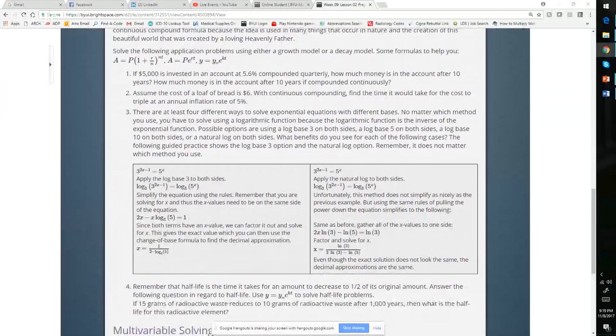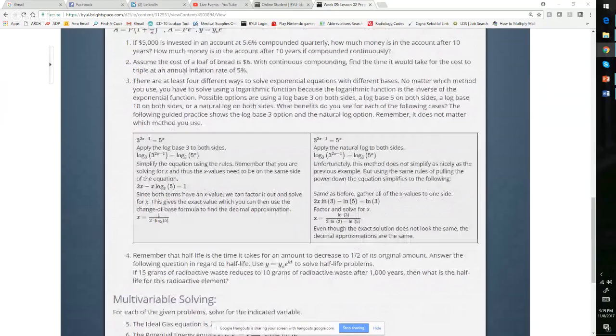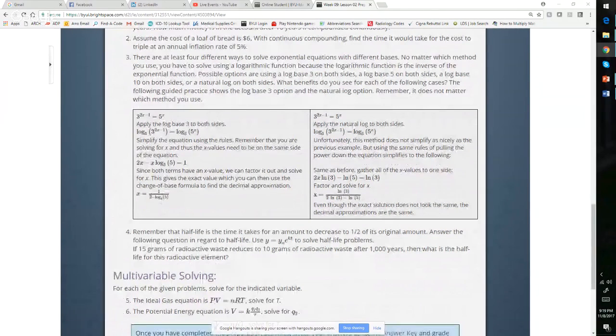I got through at least question 3, and I think I started on 4.